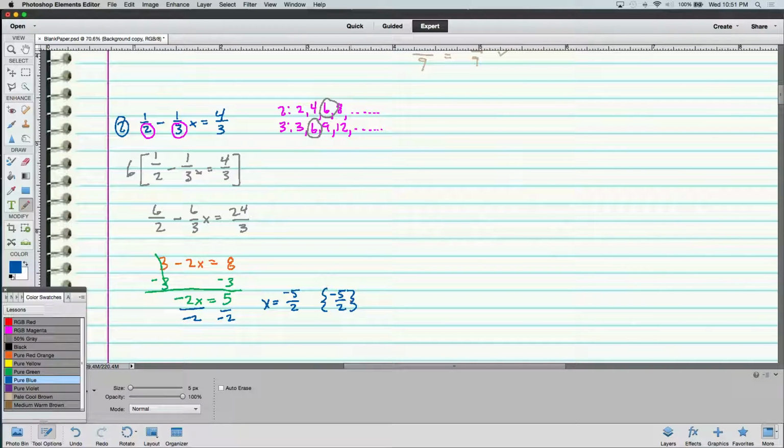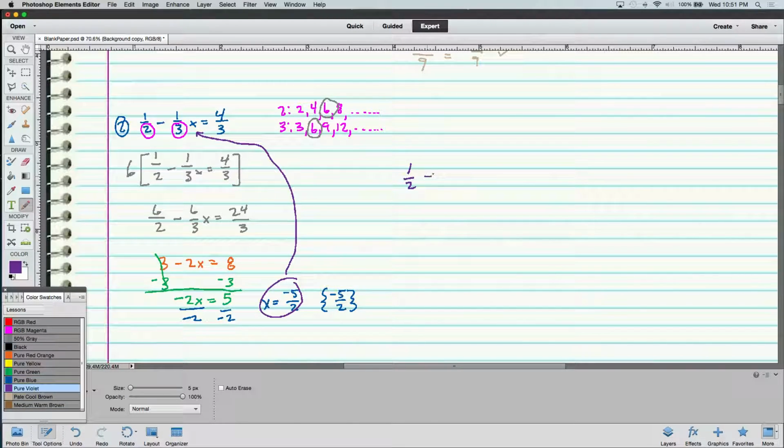And the last step, just check our answer. Again, we're going to want to plug this x value, whatever we get for x right here, into our original equation just to make sure that it's a true statement.